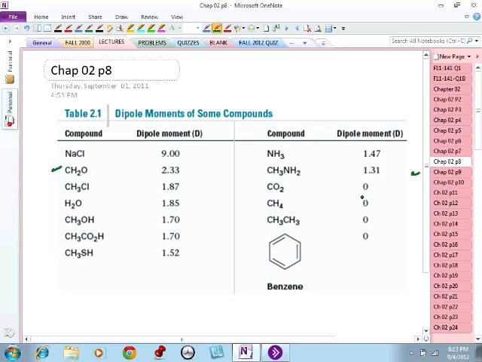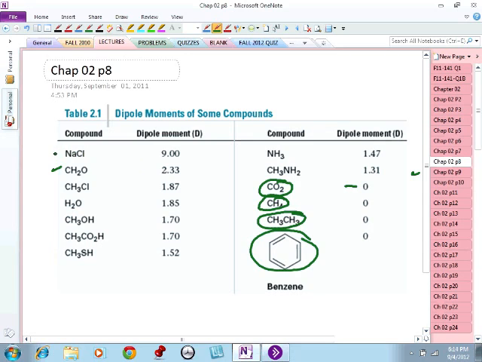And those organic molecules that are symmetrical, we notice here, carbon dioxide has no dipole moment, it is 0, methane 0, ethane 0, benzene also 0. So for the most part, if you have an organic molecule that is symmetrical, the chances are that molecule will not have a dipole moment.